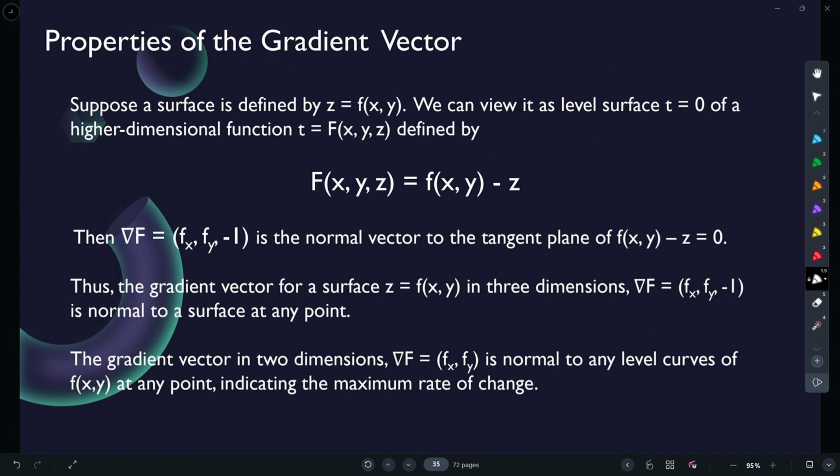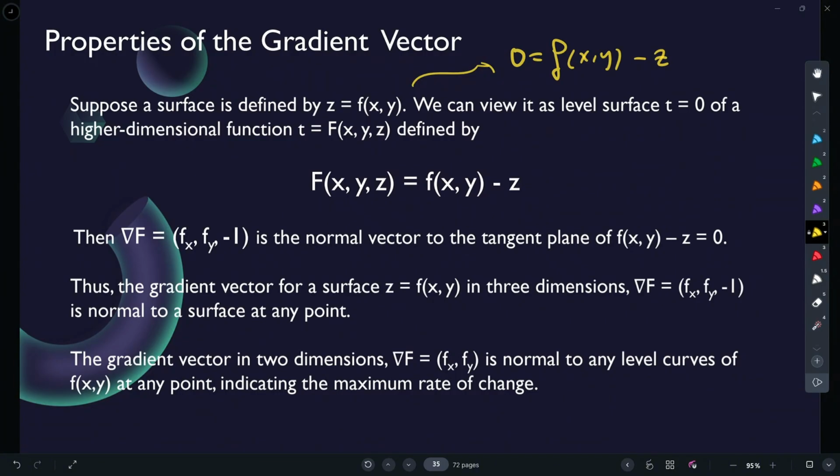Now, some properties of the gradient vector that are going to be very useful. It turns out we can look at the gradient vector in a new way. Suppose I have a surface, which is the graph of the function z equals f of x, y. Then I can bring the z to the other side of this equation to make it 0 equals f of x, y minus z.